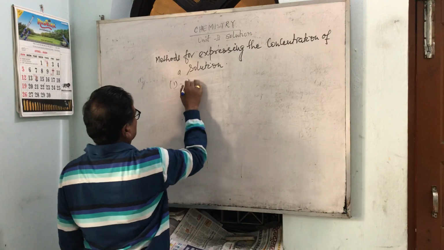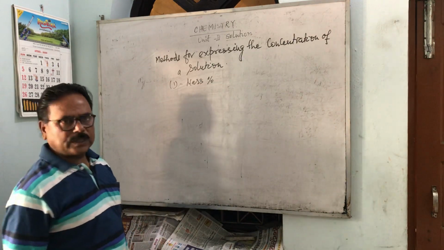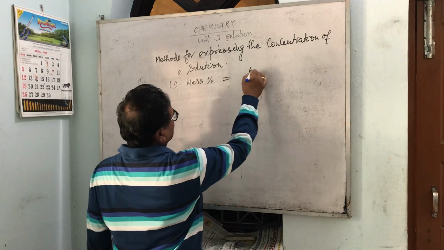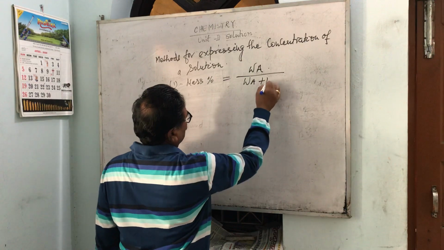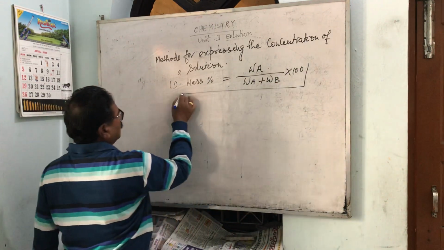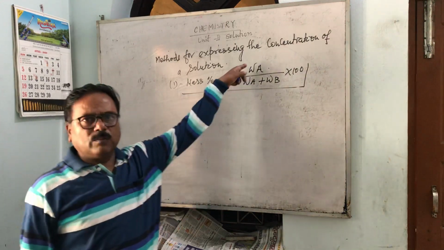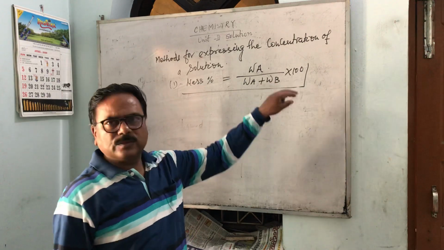The first one is mass percent. Mass percent is defined as WA plus WB multiplied by 100. This is the mass percent, meaning the mass of a component present per 100 parts by mass of solution.